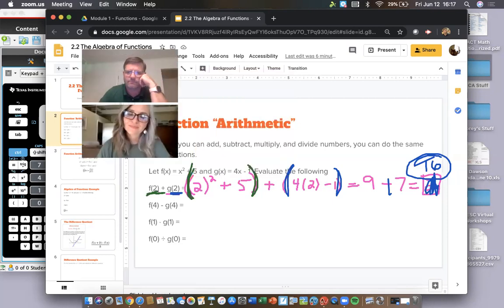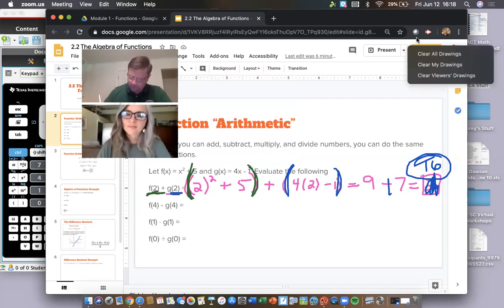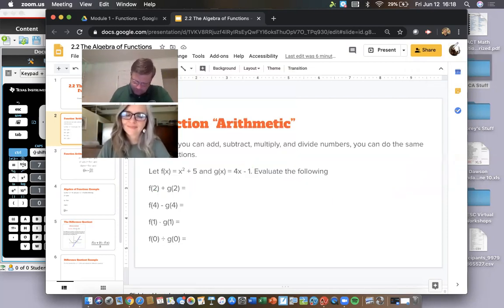All right, what about f of 4 minus g of 4? Now I actually want to subtract versus adding because I did that wrong in the previous problem. I probably need to clear some ink because I put too much there. So let's work this problem here. I'm going to put 4 in now.